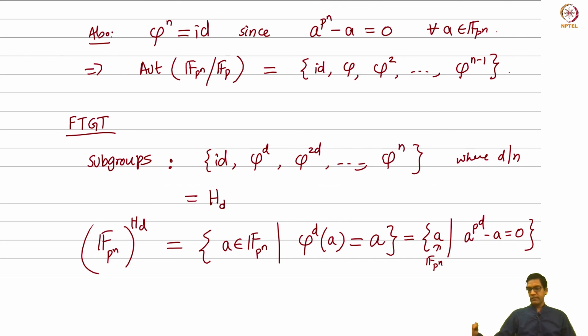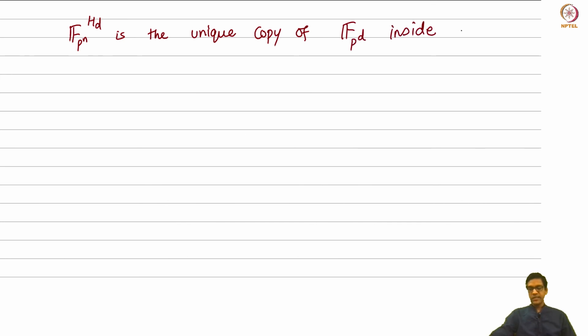And recall from the earlier discussion of subfields of finite fields that this collection, the fixed field of H_d, is the unique copy of the finite field F_p^d that lives inside F_p^n. So go back and look at that earlier lecture.